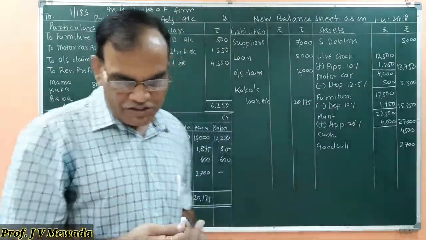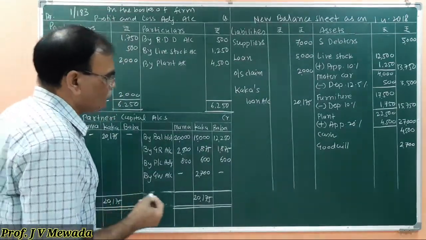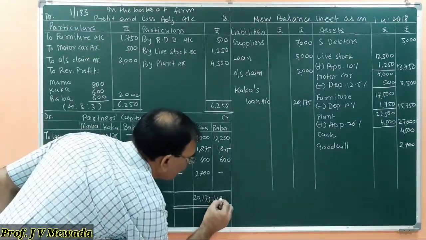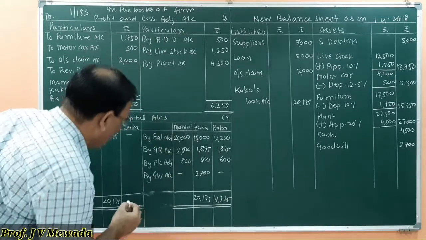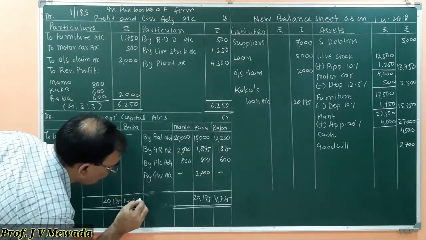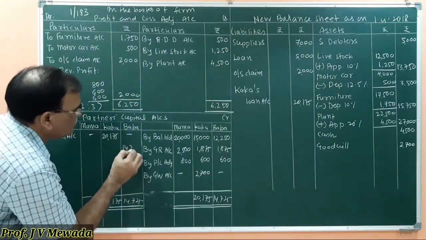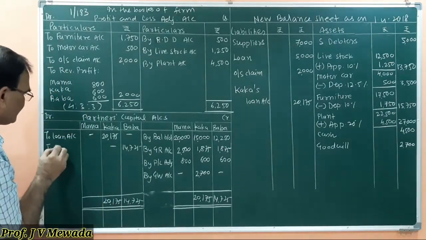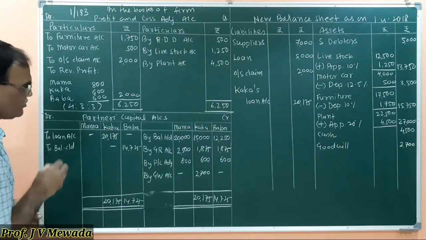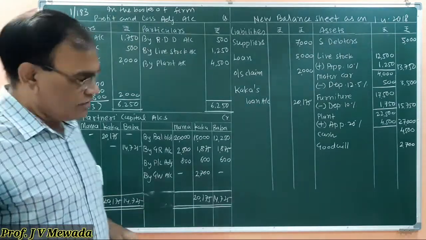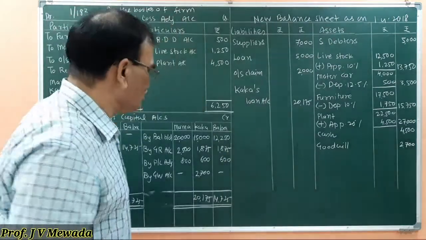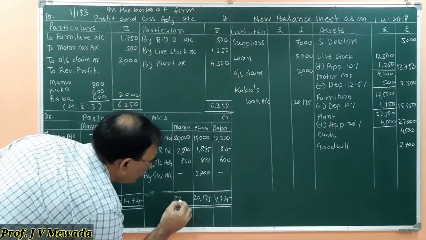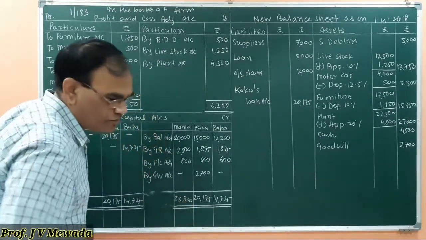And after that we have to close now the account of Mama and Baba. So the balance of the total of Baba is 14,725, that will be to balance carried down. And the total of Mama is 23,300.